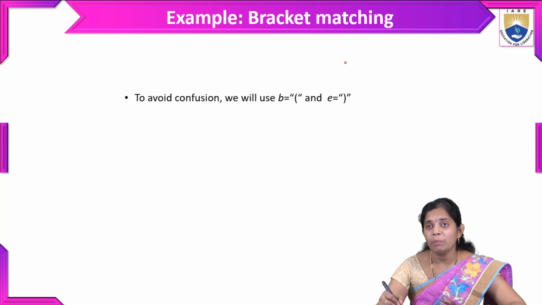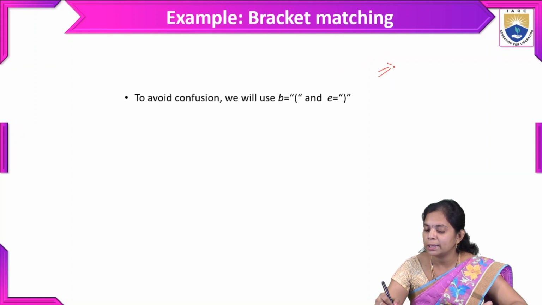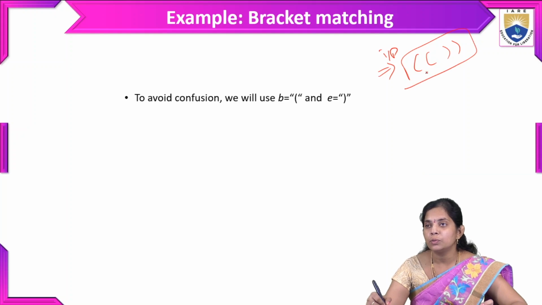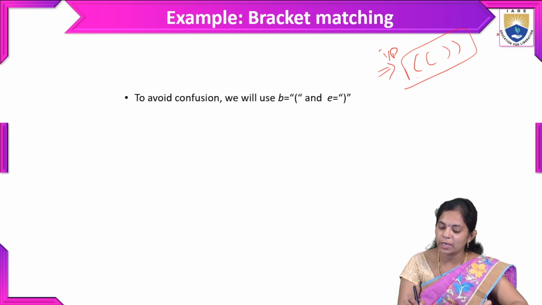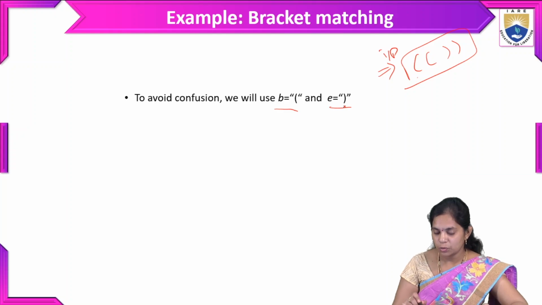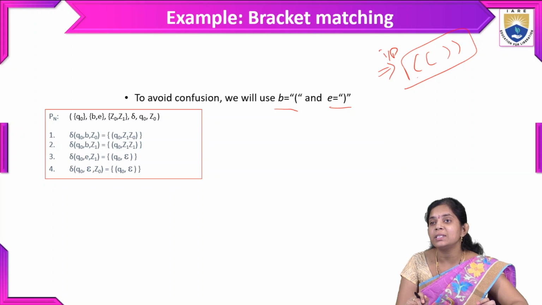Here is the bracket matching example. The input string has 2 open braces and 2 close braces. To avoid confusion, instead of open and close, just write B and E: B is for open brace and E for close brace. What is the transition function?